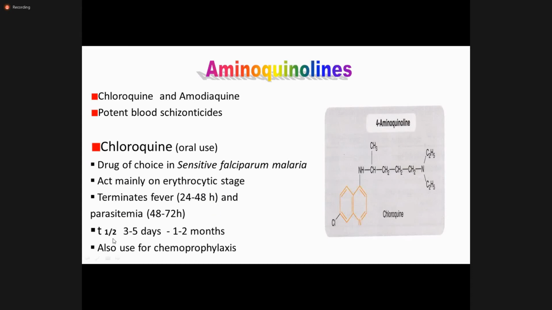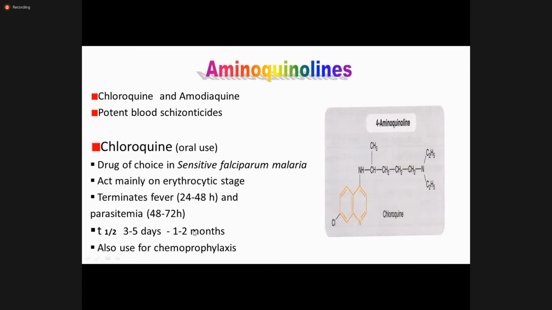Important thing to remember about chloroquine, it has a very long half-life. Okay, the half-life of chloroquine can be in months. So this drug remains in the body for 1 to 2 months. This drug may remain, but usually the half-life is shown as 3 to 5 days. But remember, chloroquine has a very long half-life. This drug can also be used for chemoprophylaxis. So prophylaxis can also be seen in this condition.